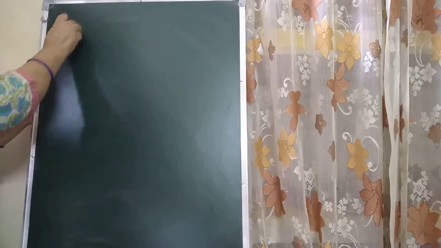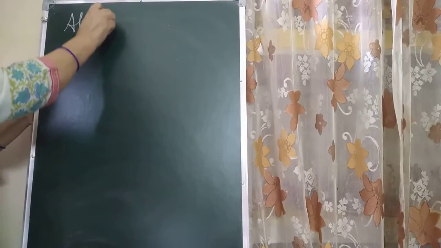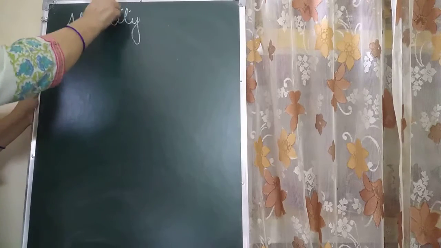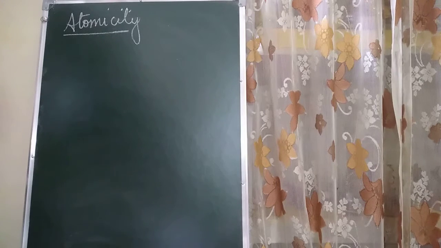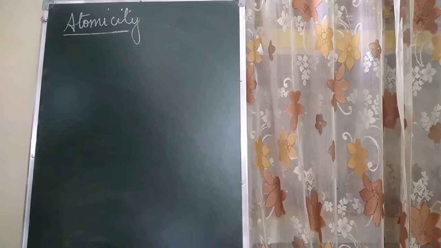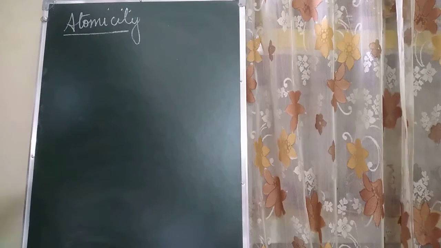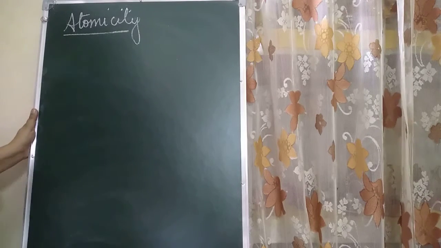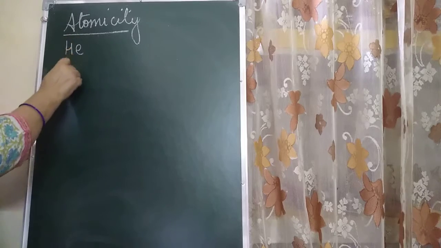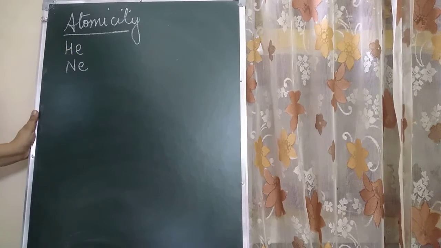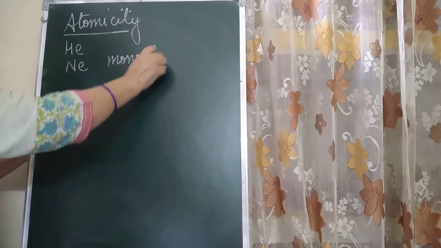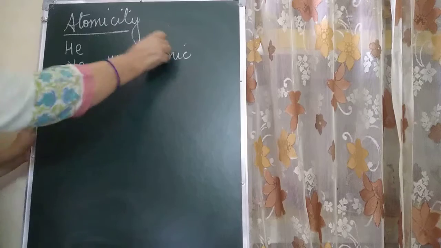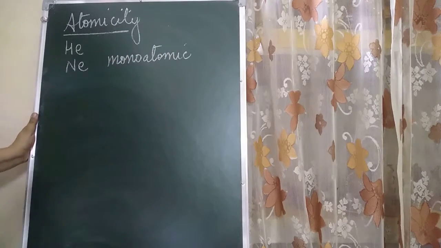Now come to the next topic, that is atomicity, children. The atoms of some elements can exist independently. Examples are helium or neon. They are known as monoatomic elements.